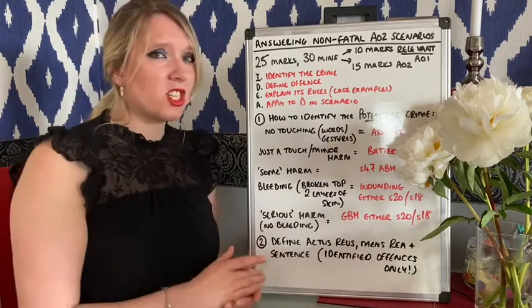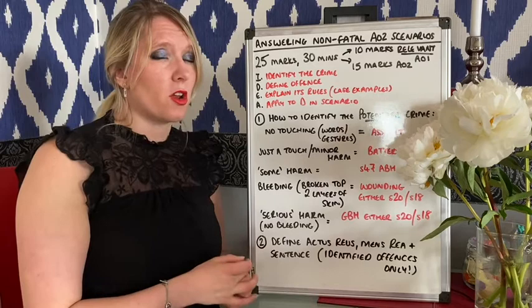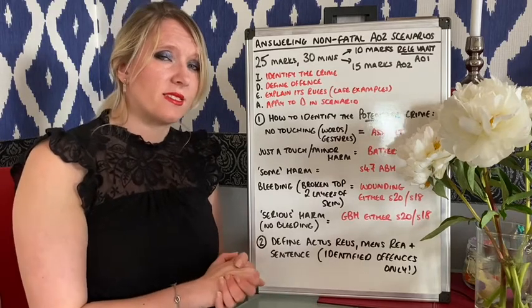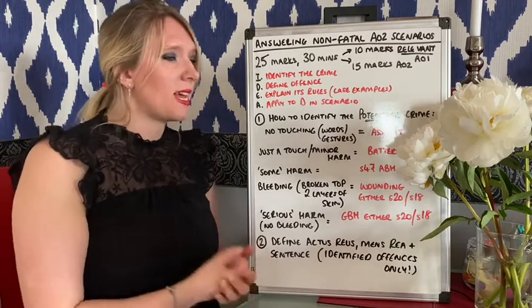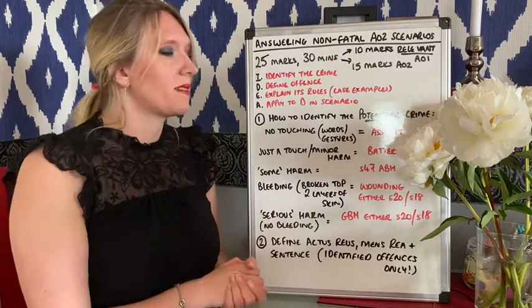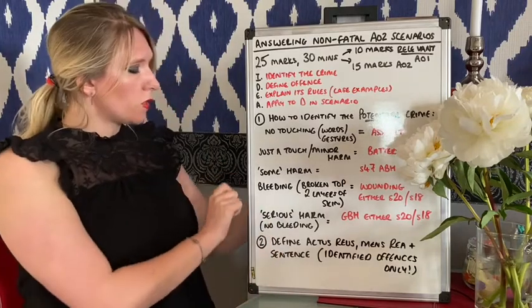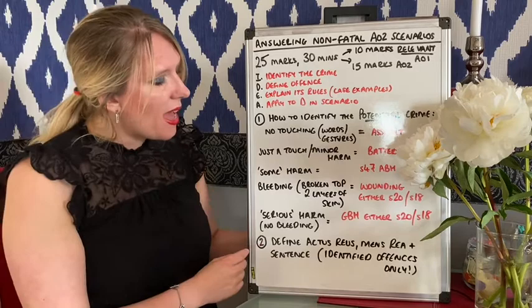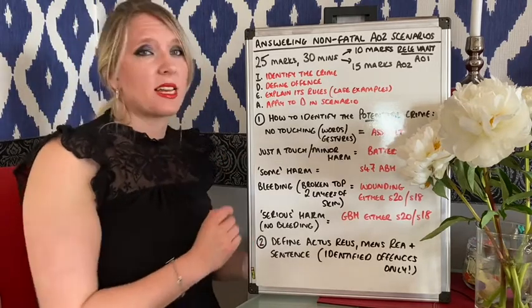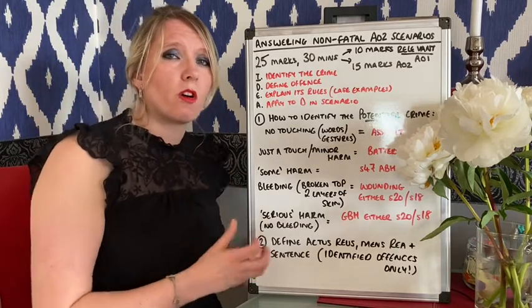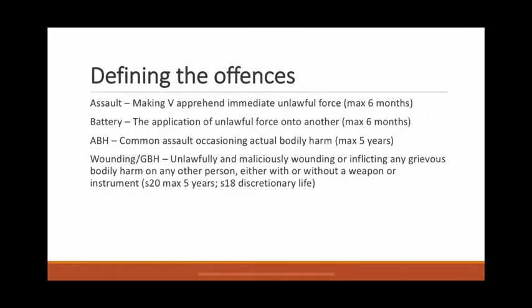So we've actually done the hard work, believe it or not, in trying to identify the correct offence. The rest is simply explaining and reasoning through our decision. So the next thing that we have to do is definitions, defining the offence. And this is where our AO1 really comes into play. So a good starting point for any essay is just a definition.